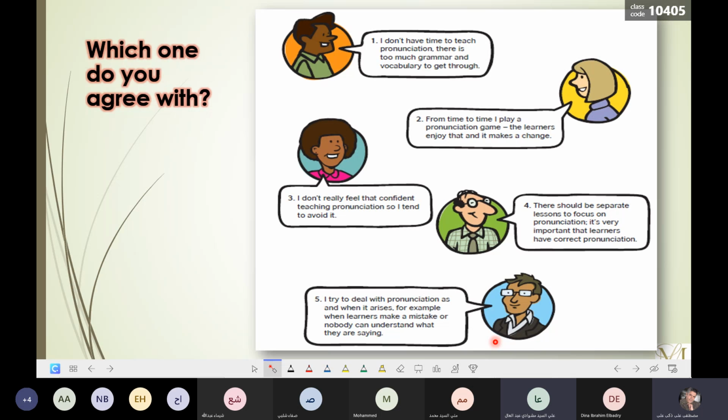He means that pronunciation is something that is implied in the language. We don't have to make a separate lesson about pronunciation, but if we need, it's okay. So pronunciation is implied in each lesson. Thank you. Okay, thank you.